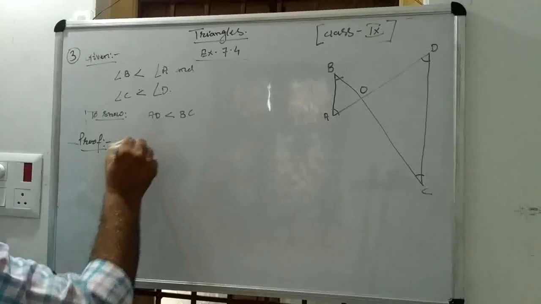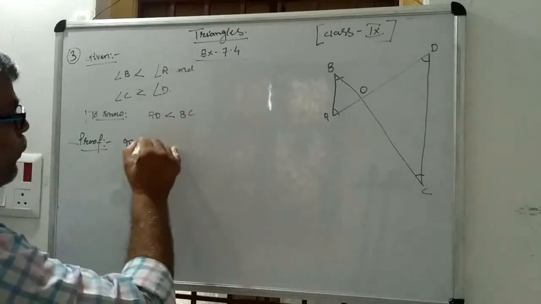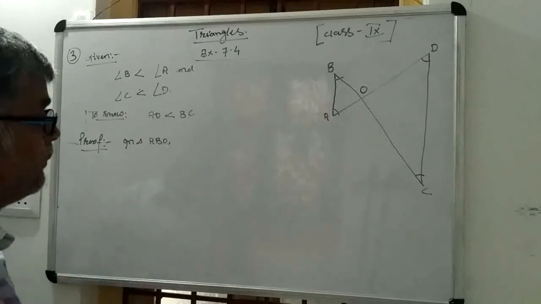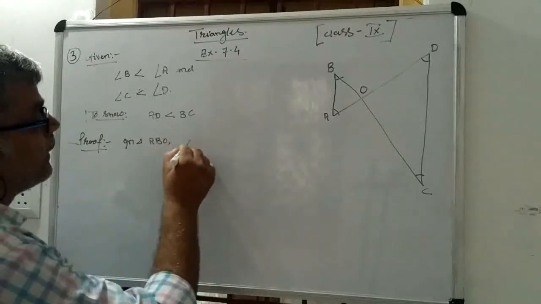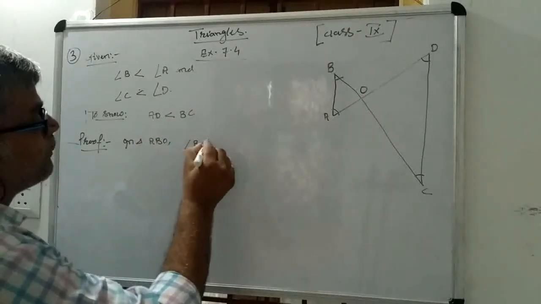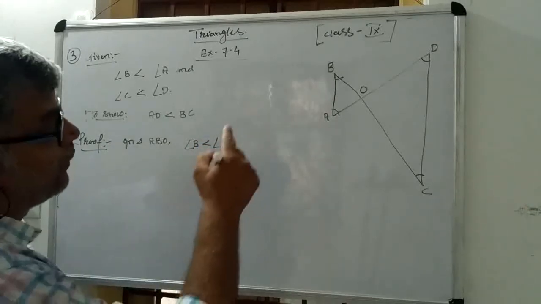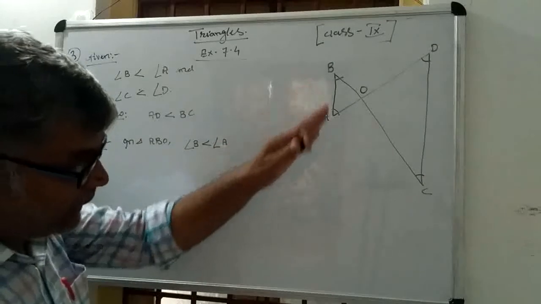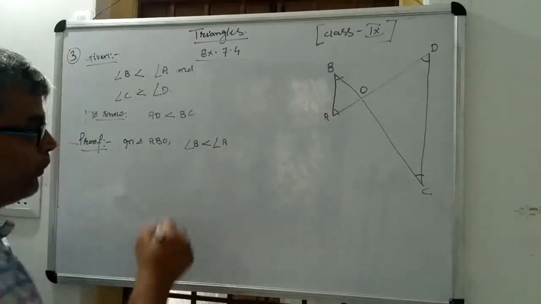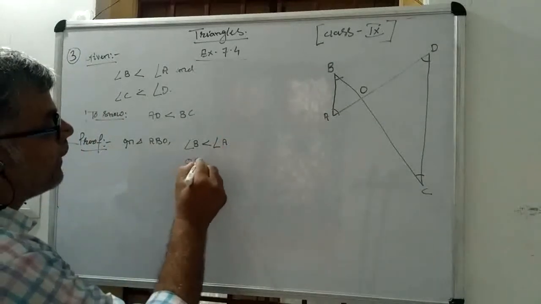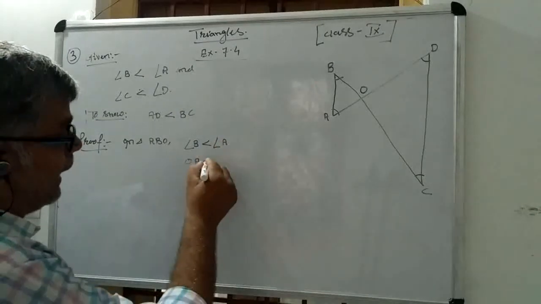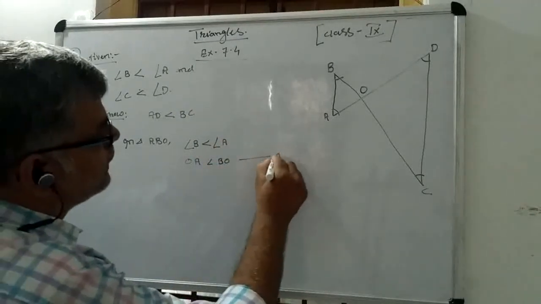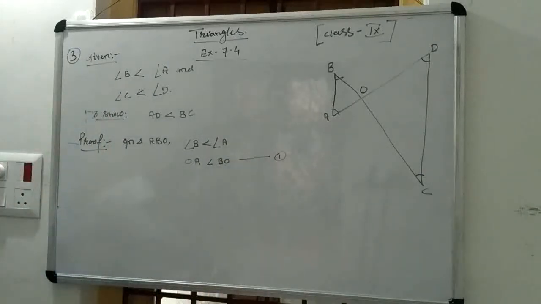In triangle ABO, we have angle B is smaller than angle A. It means the side opposite to B, that is OA, is less than BO. Suppose this is equation 1.